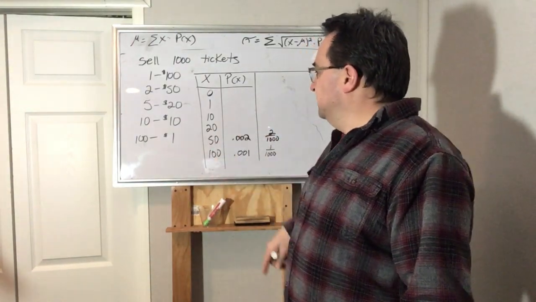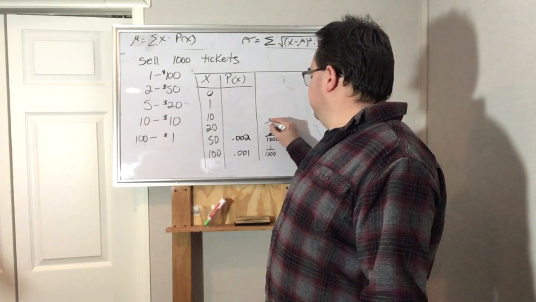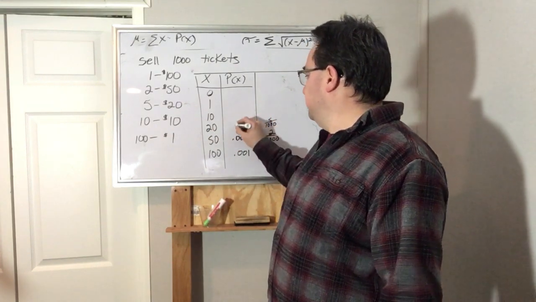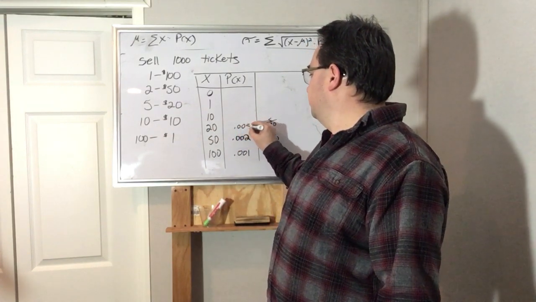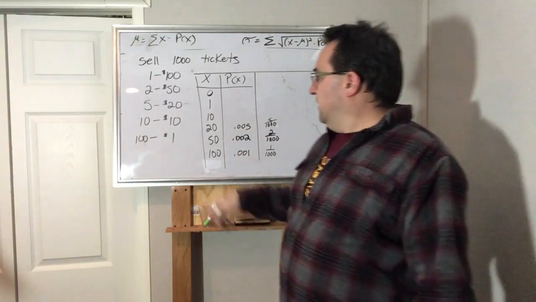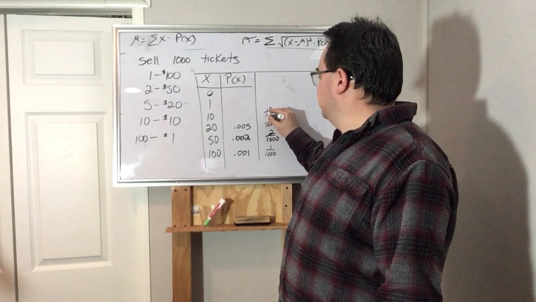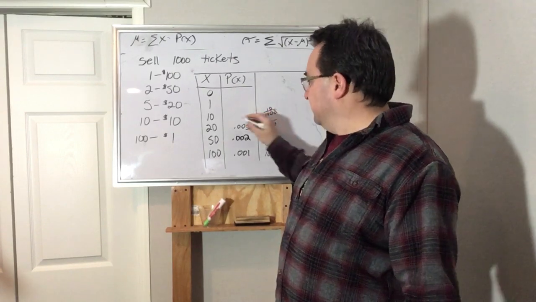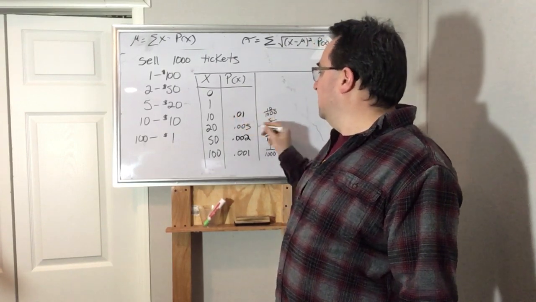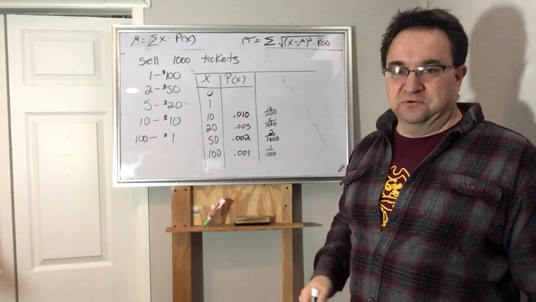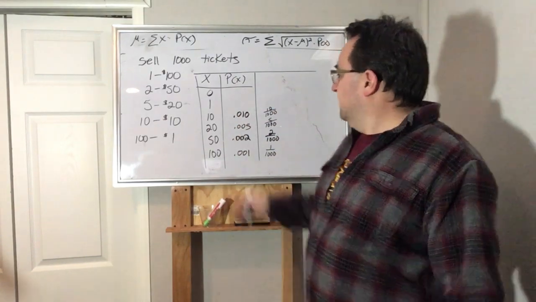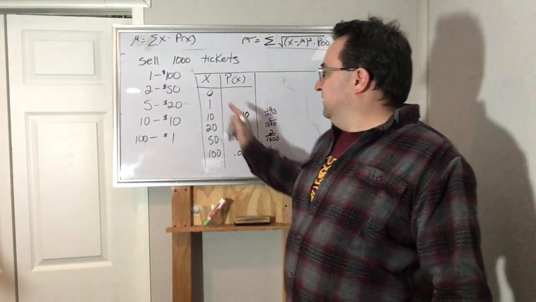What's my chance of winning $20? 5 out of 1,000. So that'd be 0.005. How likely is it I'll win $10? That would be 10 out of 1,000, or 1 out of 100, which is 0.01. We'll throw an extra 0 in there for kicks. What's the likelihood that I'll win $1?